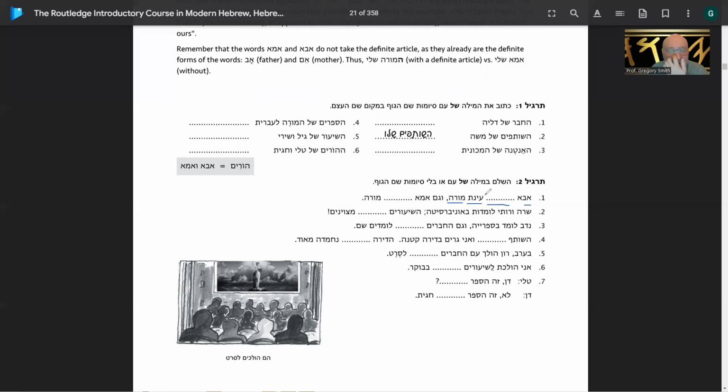It might be a father belonging to Inet, shell something. Inet More, okay, and also Ima. Okay, the father belonging to Inet is a teacher, More, and also the mother belonging to Inet is a teacher.